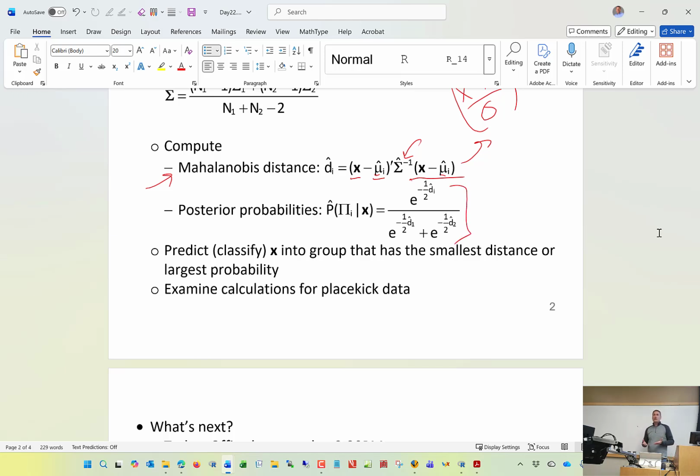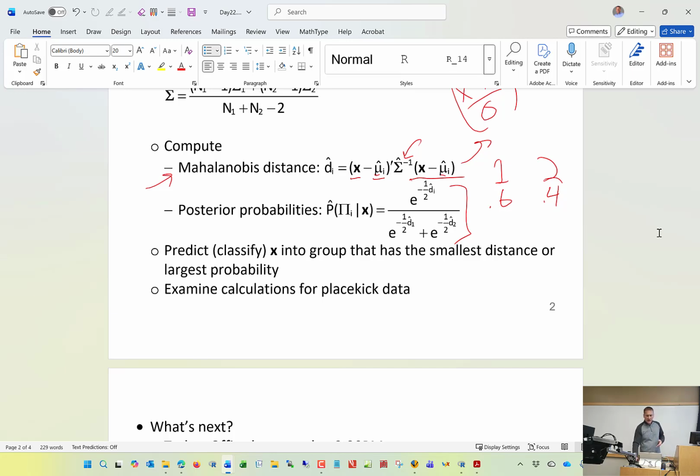We get what are called posterior probabilities. In this particular case, for group 1 and group 2, if I had a posterior probability of 0.6 for group 1 and 0.4 for group 2, since 0.6 is higher than 0.4, I would predict group 1 for that particular observation. That's how it works. All it is is a rescaling of these distances. Okay?